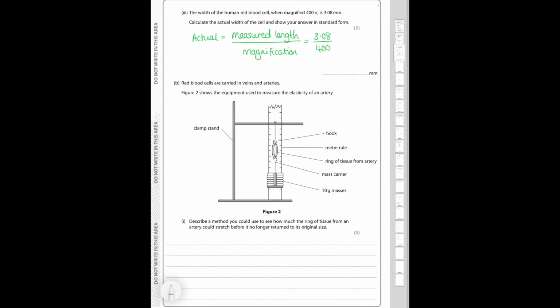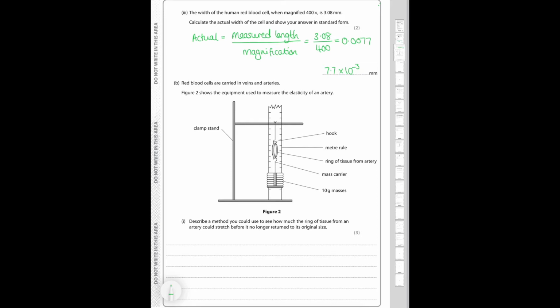And if we work that out, we get an answer of 0.0077. But the key here is we have to give our answer in standard form. So to give our answer in standard form, it would be 7.7 times 10 to the power of minus 3.